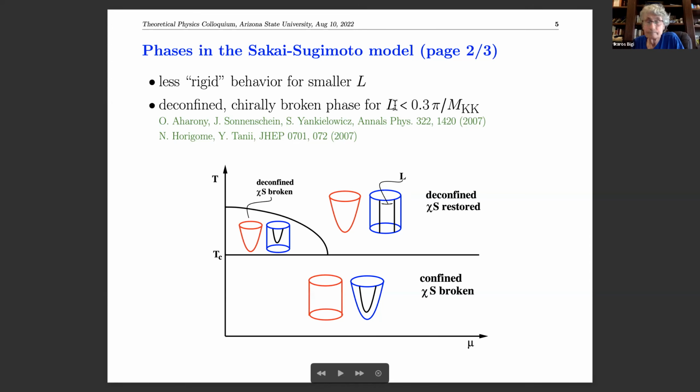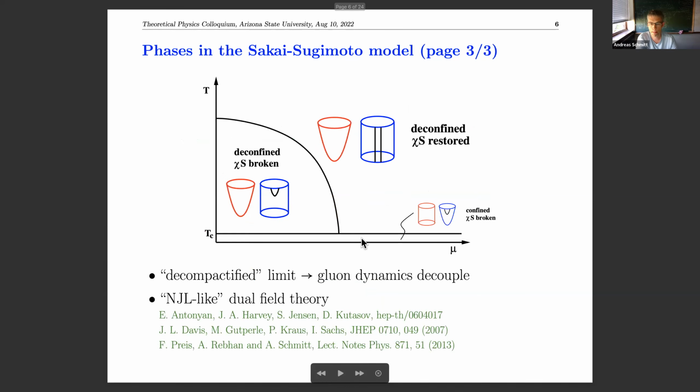So this just means L smaller than a certain fraction of the circumference of this compactified dimension. So this MKK is the other parameter of the model. You can think of this as going into an NJL-like theory in the extreme case of decompactification.